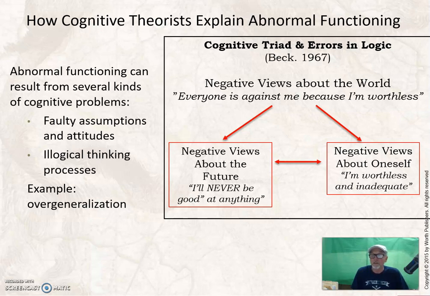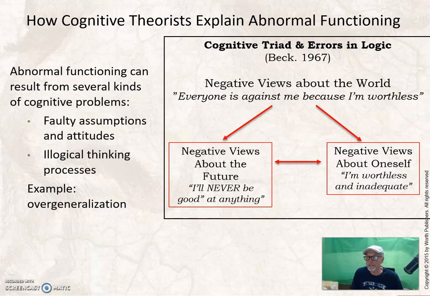So abnormal functioning can result from several kinds of cognitive problems: faulty assumptions and attitudes from the client, illogical thinking processes. And so Beck in the 60s, who developed cognitive therapy, looked at the cognitive triad and errors in logic. And this illustration here shows you that. So a client can come in with negative views about the world and is running this internal message to himself or herself that everyone is against me because I'm worthless.